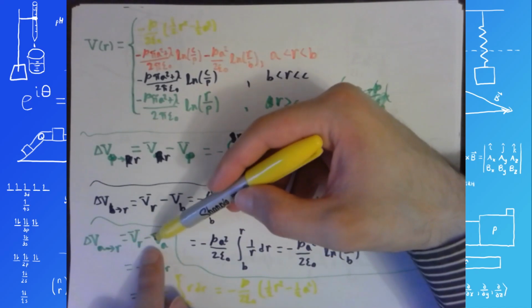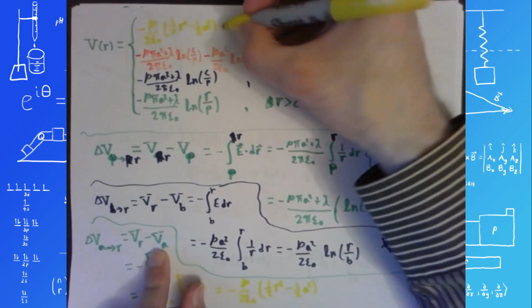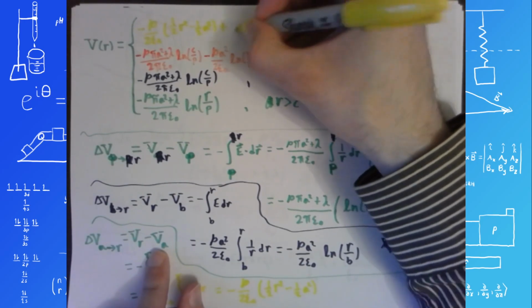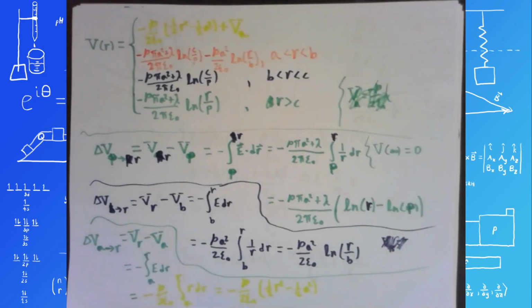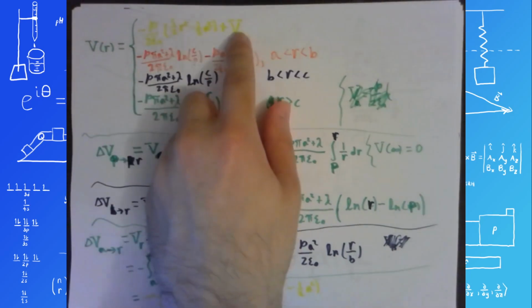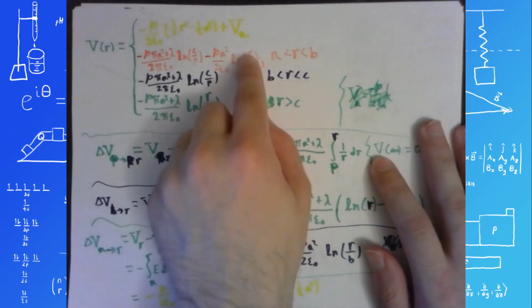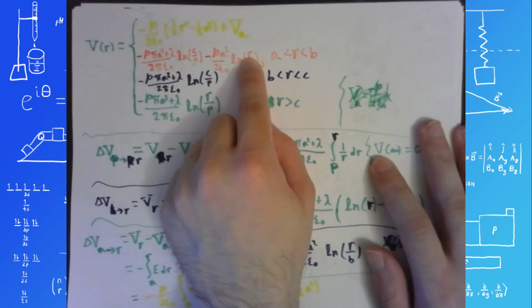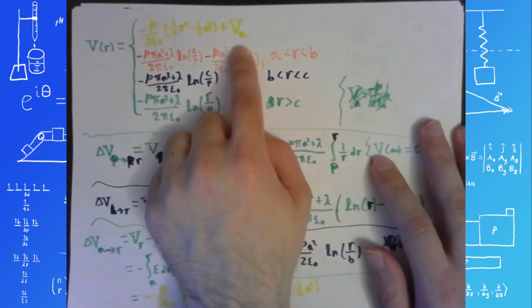If we want V of r, we need to add V of a, so watch this. Done. And again, if you want to actually write out what V of a is, copy all of this and replace that r with an a. So that last term would be ln of a over b.